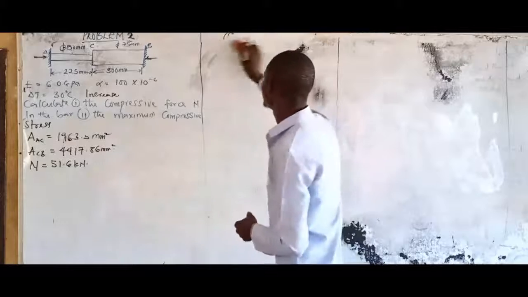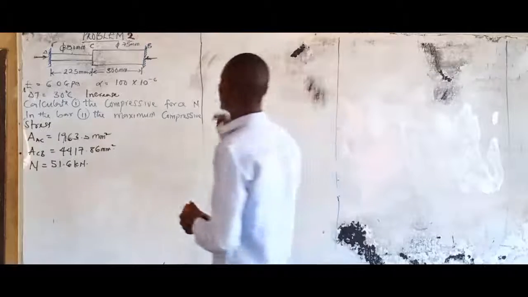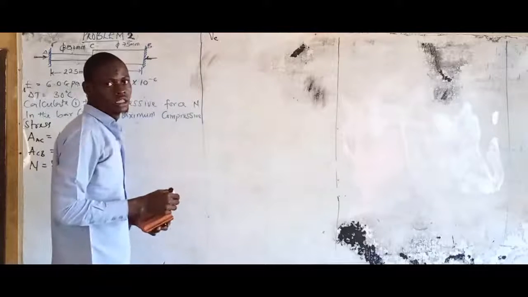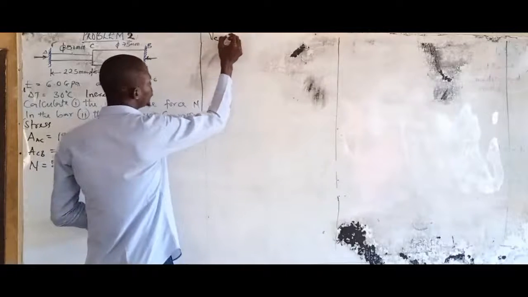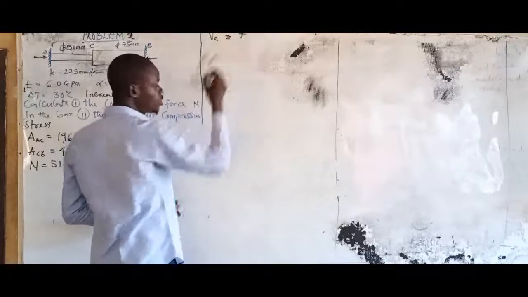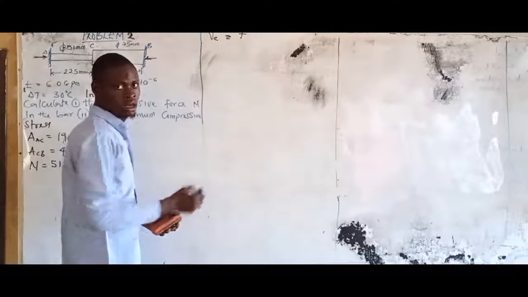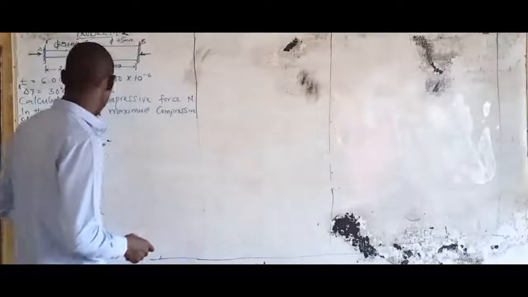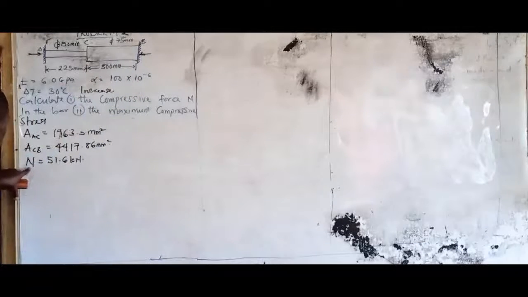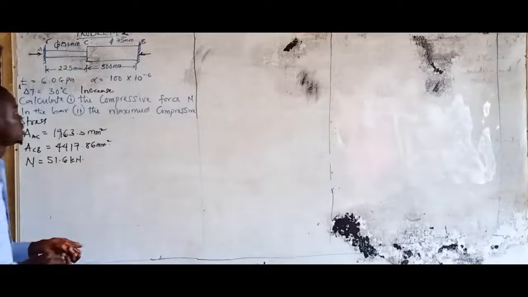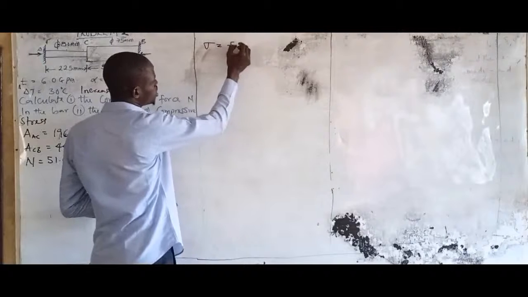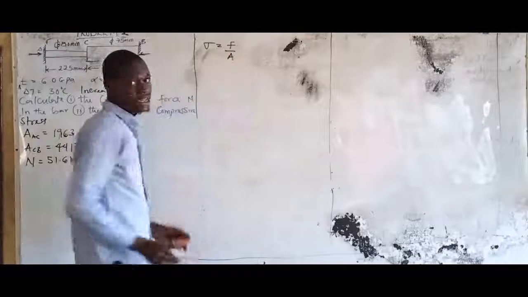From here, I can easily find that the maximum compressive stress sigma C will be equal to the force in the member over the area. The force in the member given to us is 51.6 kilonewton. Don't forget that stress is equal to force over area.